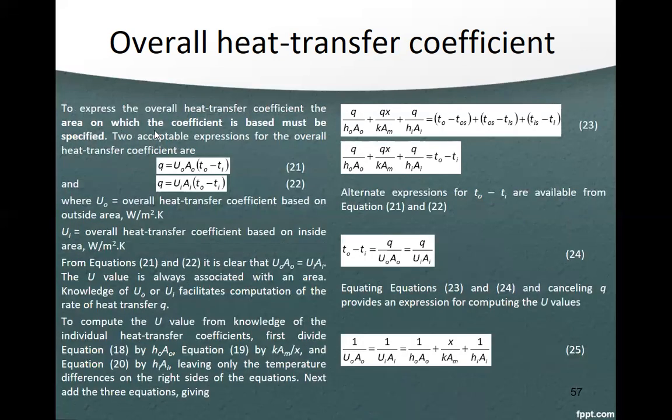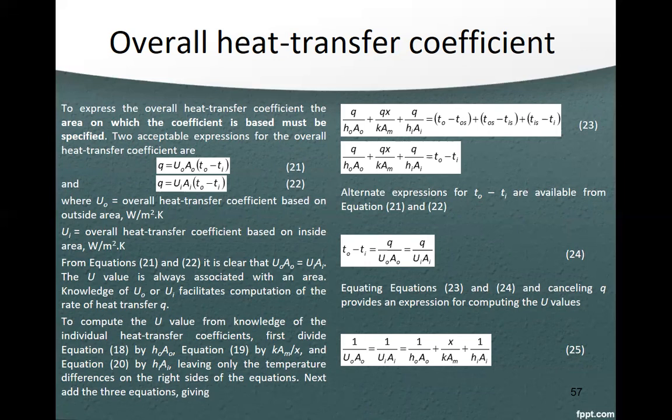So, to express the overall heat transfer coefficient, the area on which the coefficient is based must be specified. Two acceptable expressions for the overall heat transfer coefficient are Q is equal to U sub O, A sub O times T sub O minus T sub I, or Q is equal to U sub I, A sub I times T sub O minus T sub I. Well, U sub O is the overall heat transfer coefficient based on outside area.